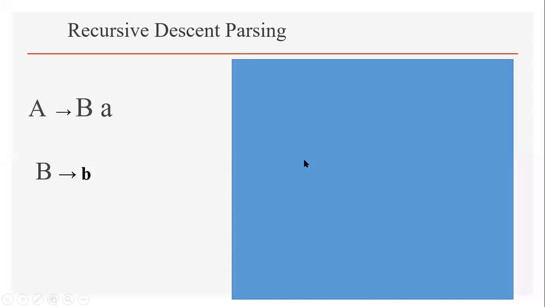See, when we are discussing this, for each non-terminal we write a procedure in recursive descent parsing. That is, we have a non-terminal A, and for that we write a procedure A open brace close brace. A has a production. Whenever you call the procedure for non-terminal A, choose A's production.